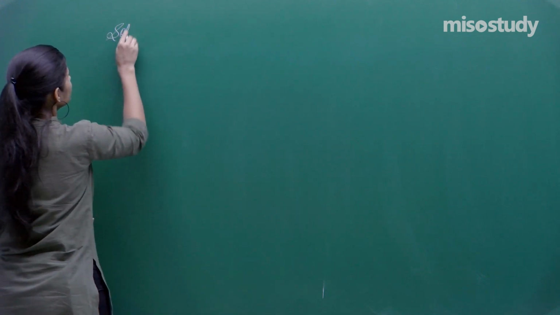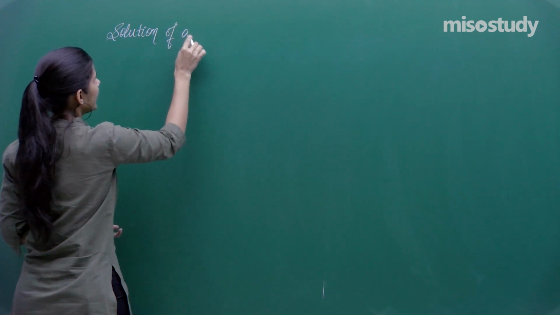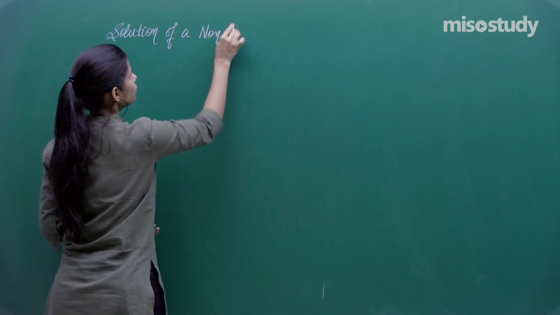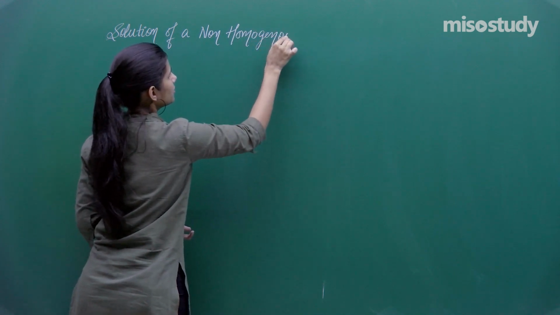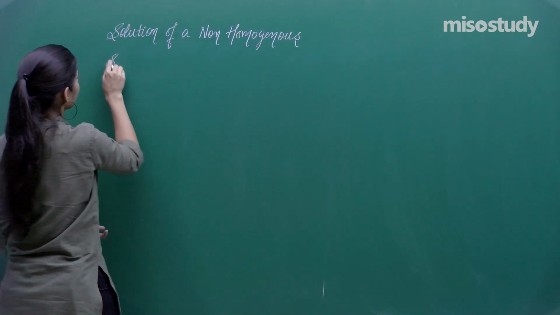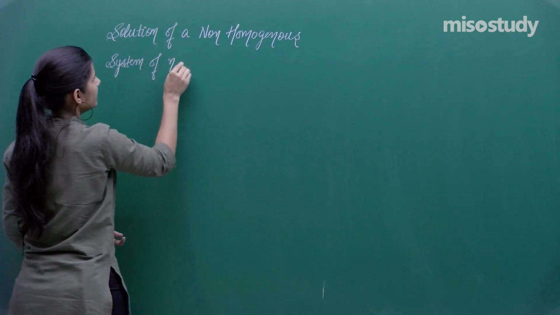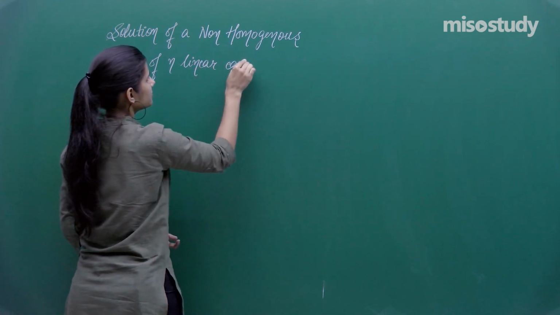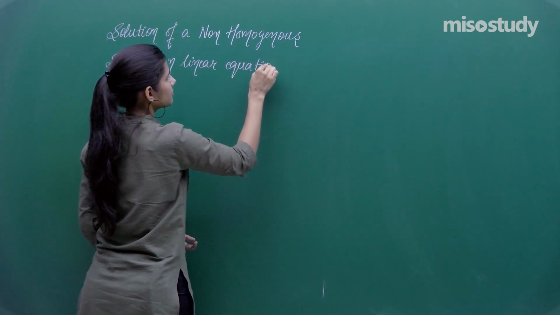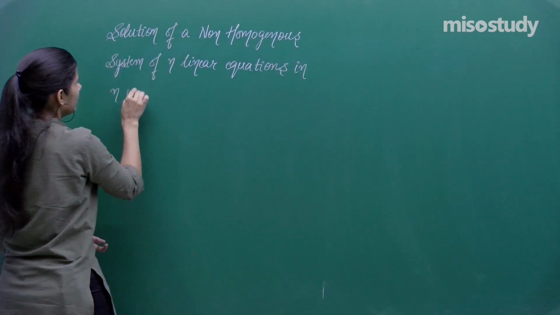So what was the concept related to finding the solution of any non-homogeneous system of n linear equations in n unknowns?